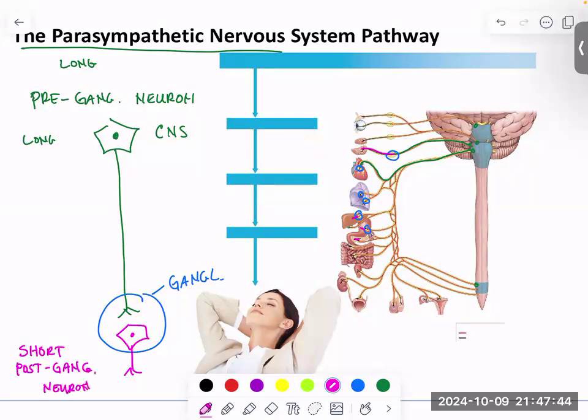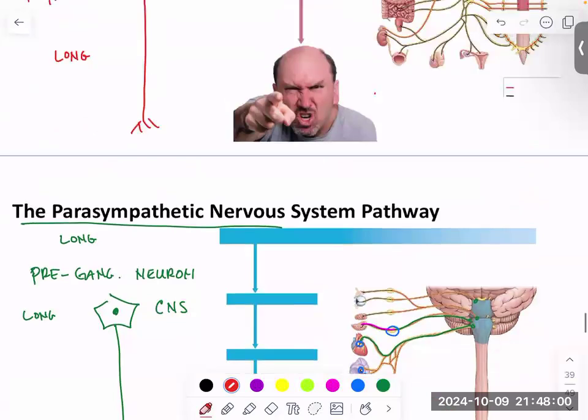So they're arranged differently. They do different things. Parasympathetic, rest and digest. We should all be doing that right now. Next week, you guys are going to be like that dude. Hopefully not. Fight or flight.